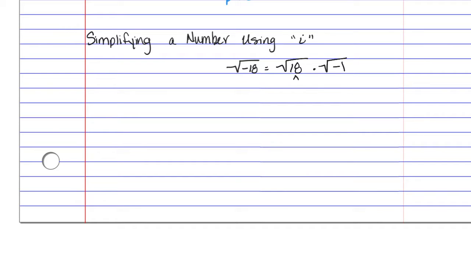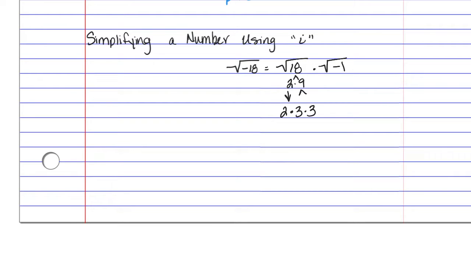What I like to do is prime factorization. That means breaking the values down into their absolute prime numbers, or breaking them down till you can't break them down anymore. So factors of 18 are 2 and 9. You could have started with 3 and 6. When you're working with radicals, it doesn't really matter where you start as long as you continue breakdown.